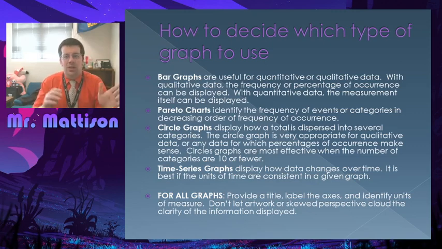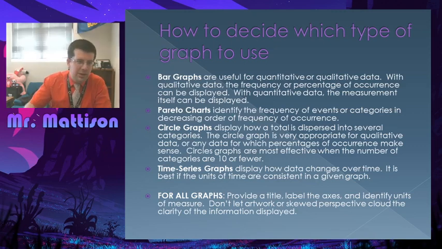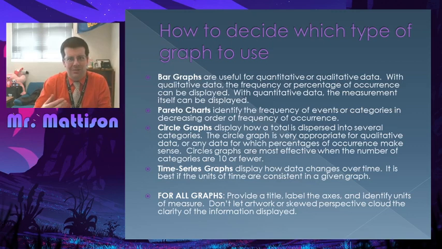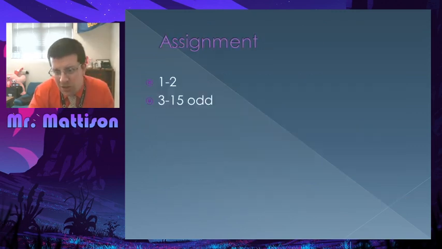So that is the go-to way to check and say, hey, is this graph complete or not? If I take away all the other context for it and just look at just that, could you give it to a complete stranger and they could look at it, read the title and the labels, and know exactly what it is trying to tell them? That is the sign of a really well-made graph. And that's what I'm going to want and expect from you when we make our project for this chapter. So with that, that is our 2.2.